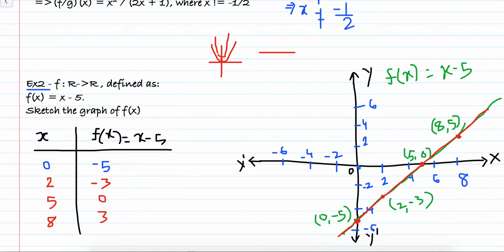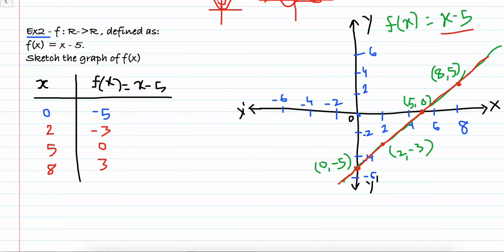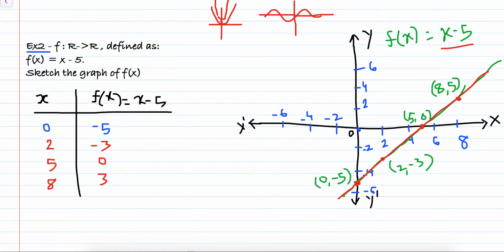Then in trigonometry we will see sinusoidal functions, sine and cosine. So these are not linear, these are not straight lines. But here for this case, x minus 5, we get a straight line. So this is our solution. We don't need to do more.